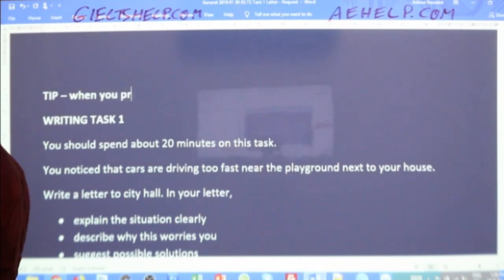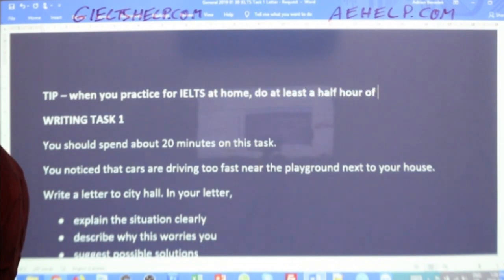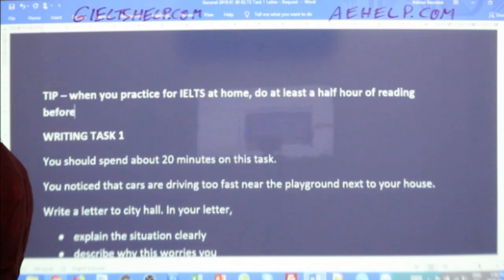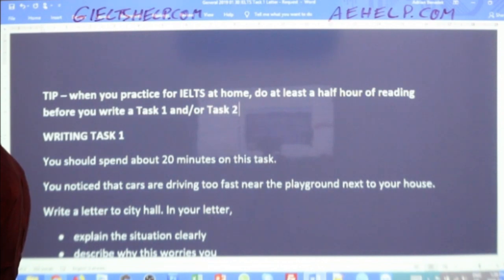When you practice for IELTS at home, do at least a half hour of reading before you write a Task 1 and or Task 2 essay.